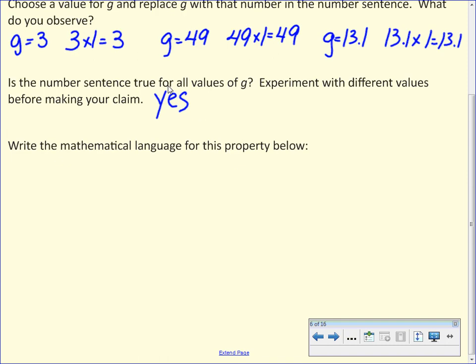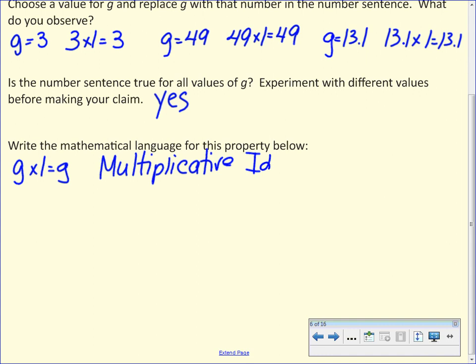So what that means, G times 1 equals G. So now we multiply. So this is the multiplicative identity property of what number? What number when we multiply helps us keep our identity? 1. Exactly.